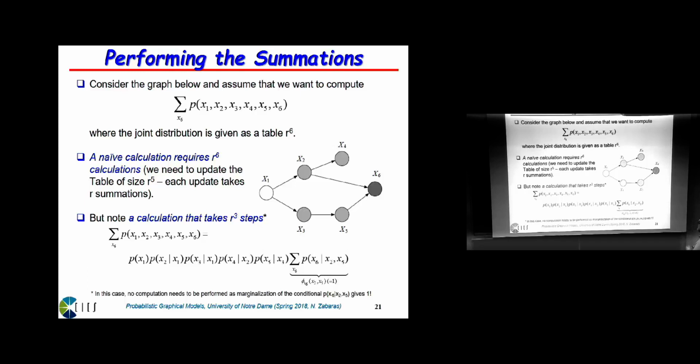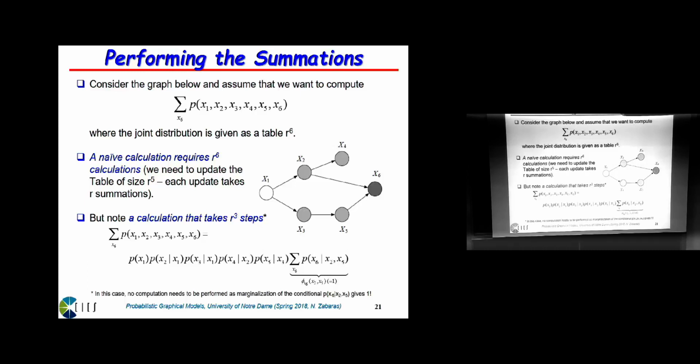Let's see a way that is way, way cheaper, where we don't do r to the 6 operations. What I have done here is I wrote the factorization on the graph: P of x1, x2 given x1, x3 given x2, x5 given the parent x3, x6 given its parents, etc. Then I push the summation on x6 all the way to the right, because that's the only place where x6 counts.